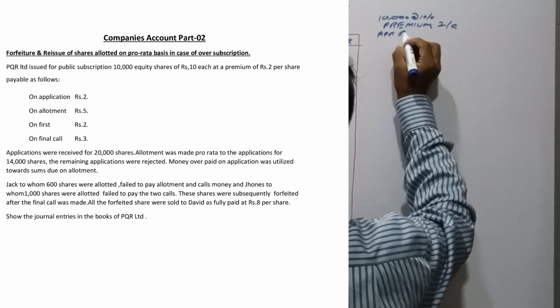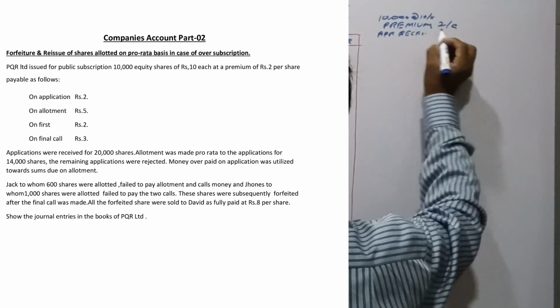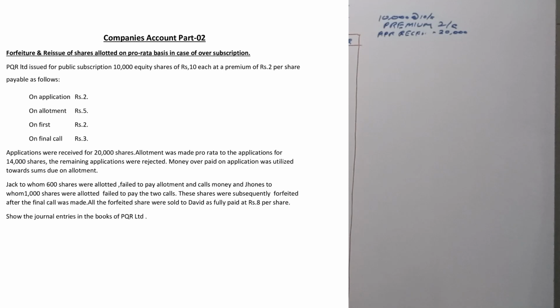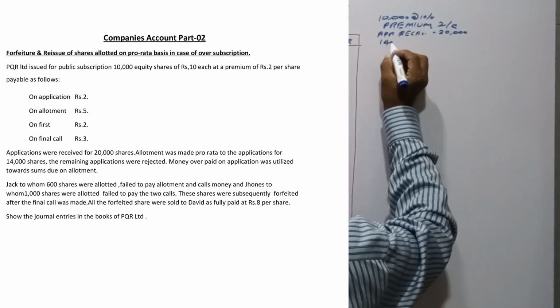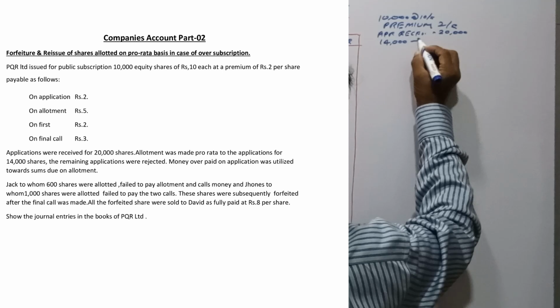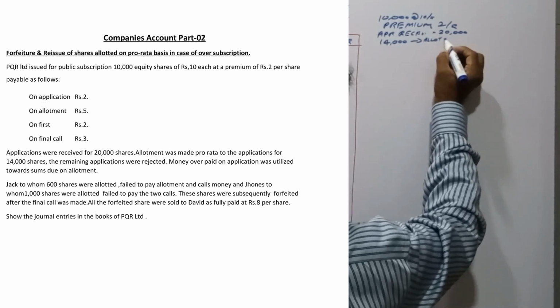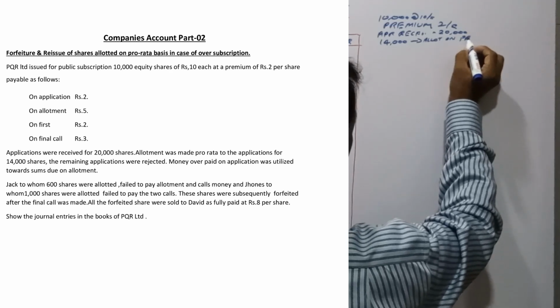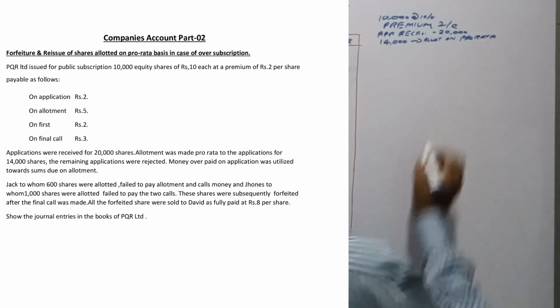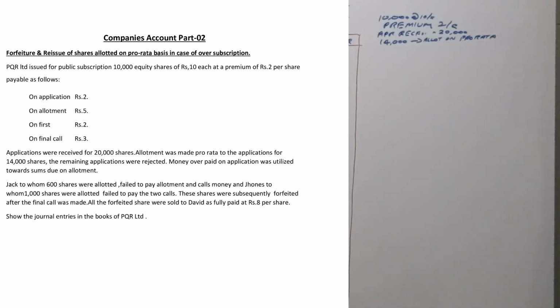Allotment was made pro rata to the applicants for 14,000 shares, on a pro rata basis, and the remaining applications were rejected.